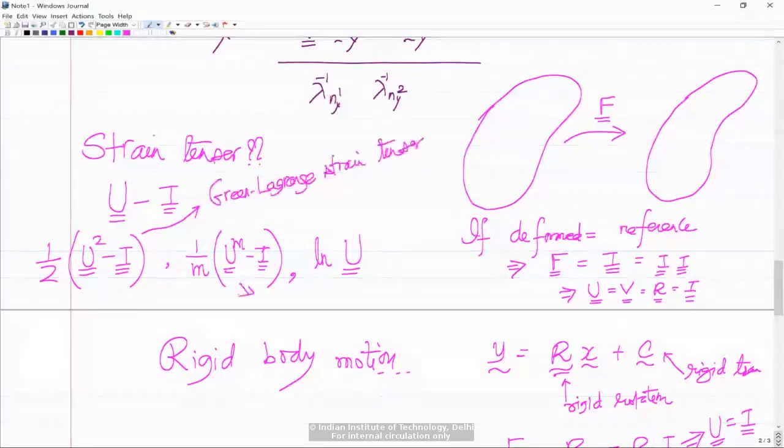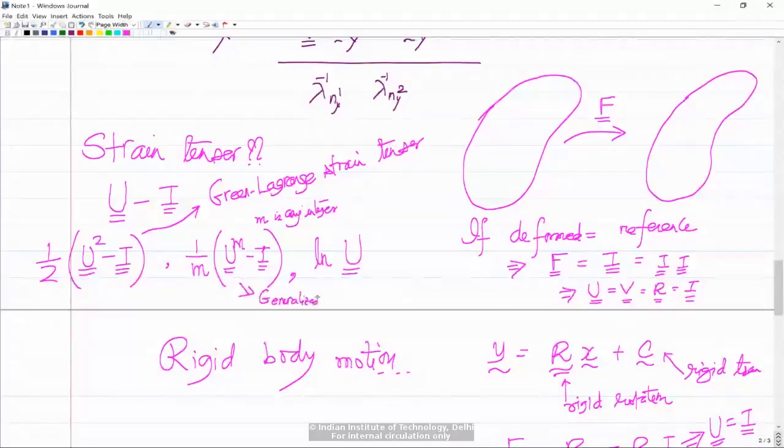Whereas this thing, where m is any integer, is called the generalized Green strain tensor, or generalized Green-Lagrange strain tensor.